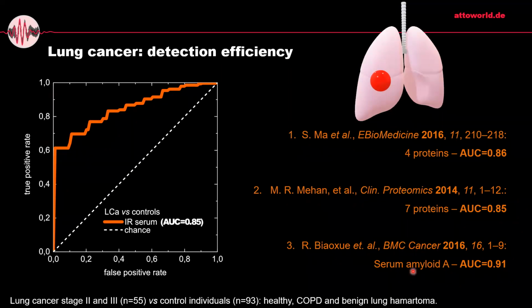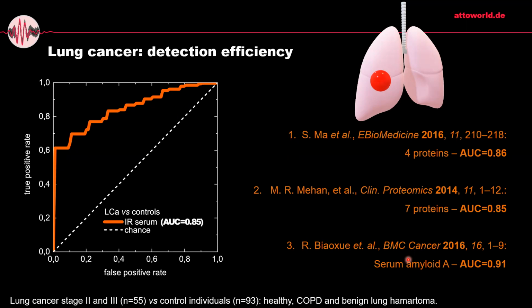Then there is also a large review that claims an AUC of 0.9, for example, using one particular marker, but this marker is not specific to lung cancer. It's a general inflammation marker.